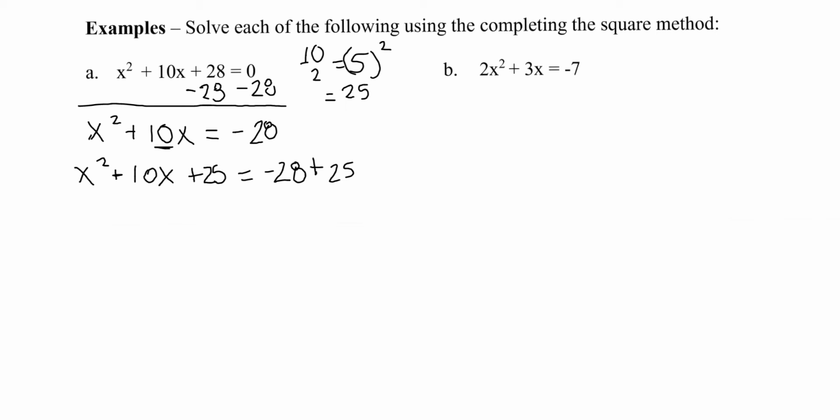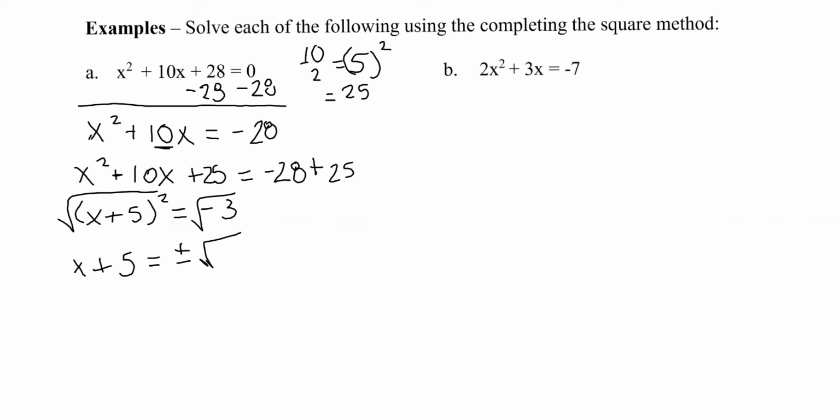When I factor x squared plus 10x plus 25, I'm going to get x plus 5 squared, and that will be equal to a negative 3. Now, I'm going to go ahead and take the square root of both sides. So I will have x plus 5 is equal to the positive and negative square root of negative 3.